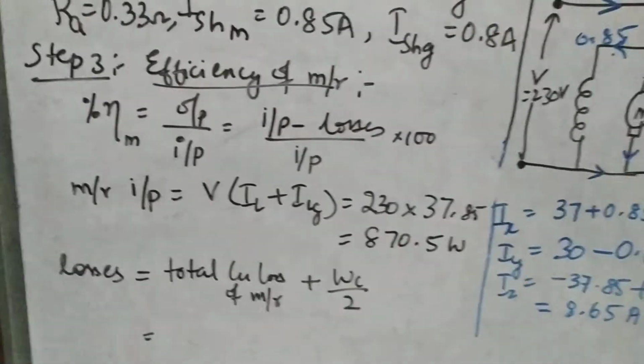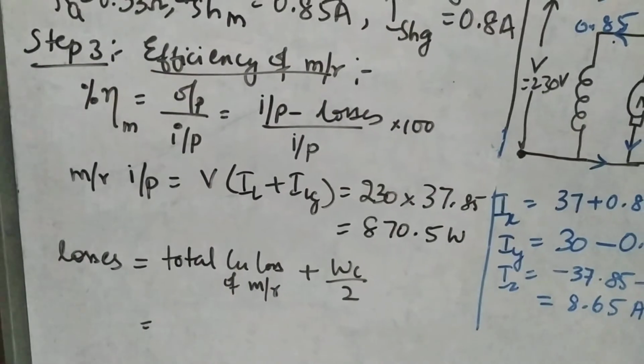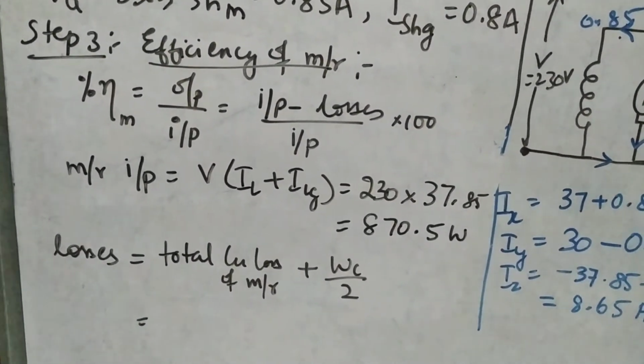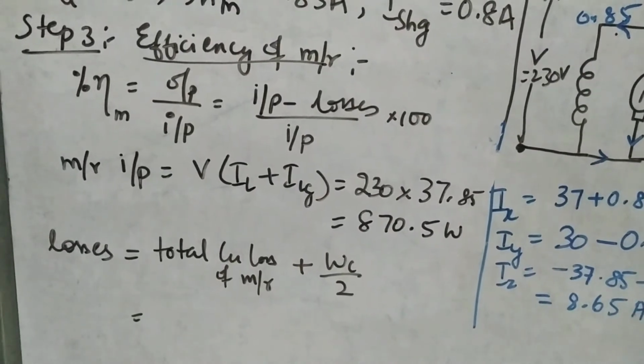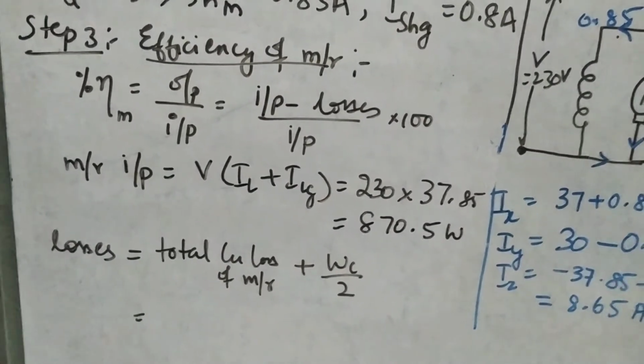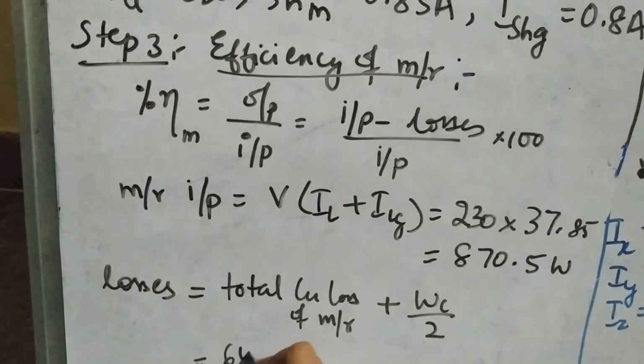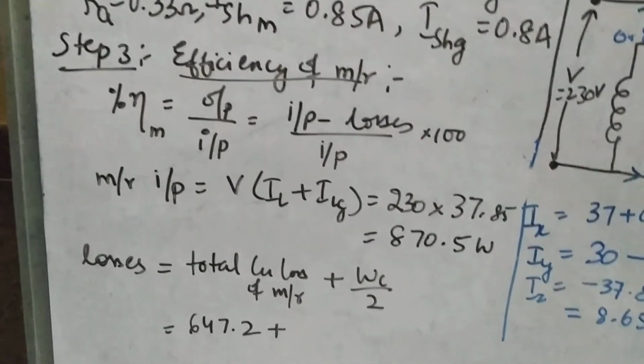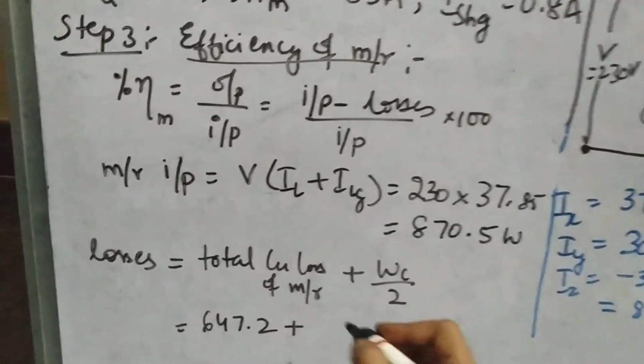Okay, so what is the total copper loss we had got? See, total copper loss we got it as 647.2 plus the stray loss for the per machine, it is 430.6.